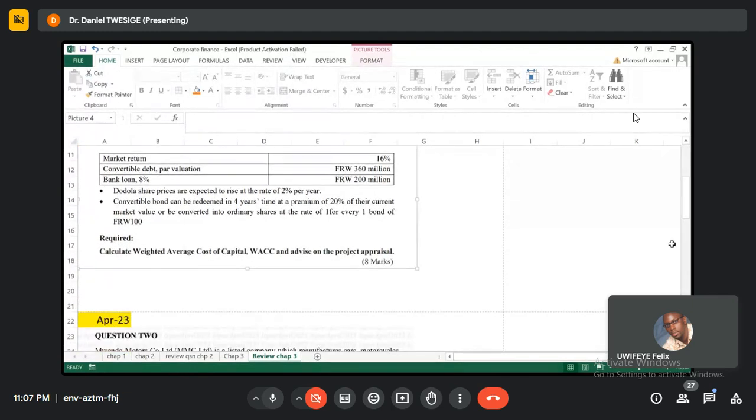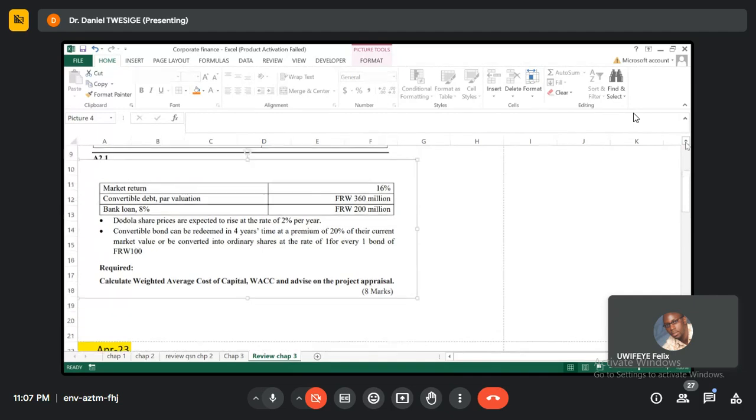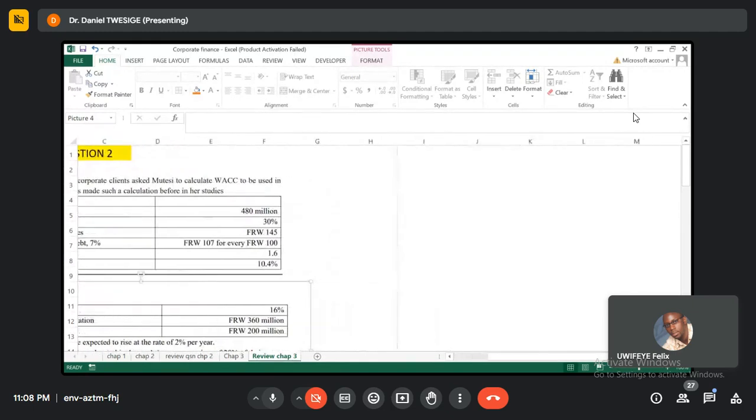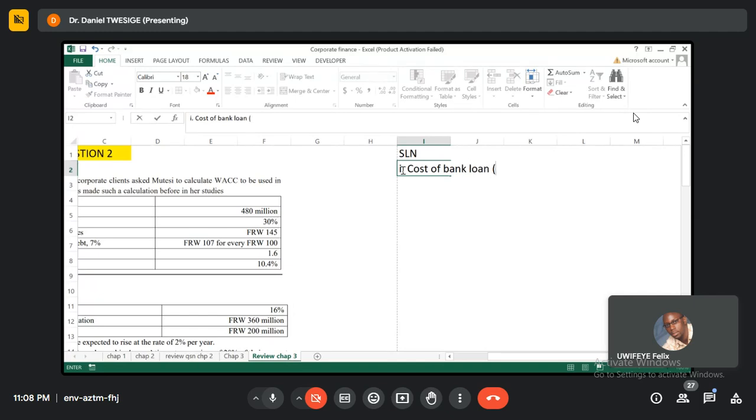Now, if we can, I don't know whether I can make it here on this page. So as we said, in our solution, we start with the cheapest, the cost of bank loan.